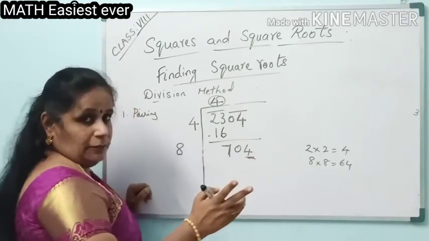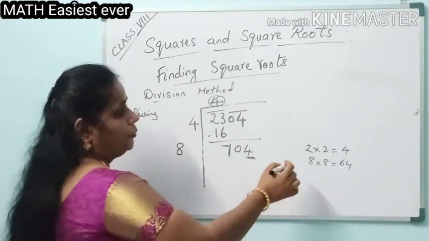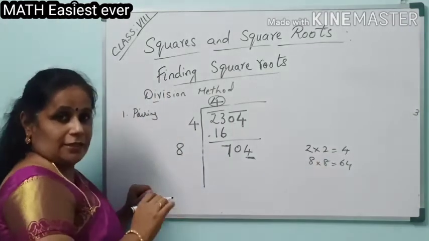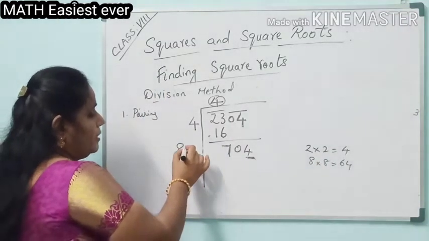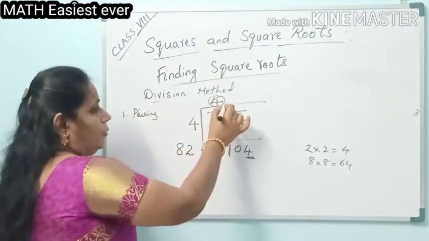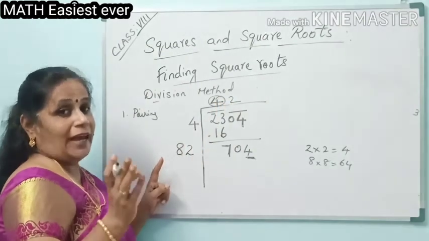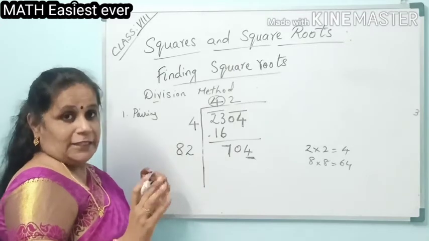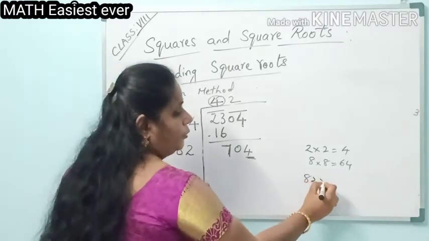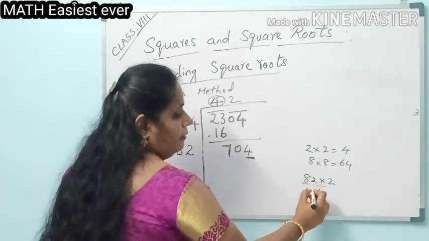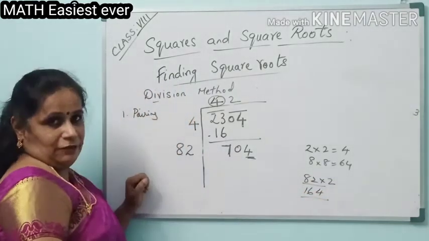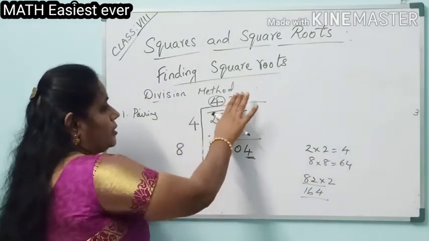So there are two possibilities to get the last digit as 4: 2 twos are 4 or 8 eights are 64. So if I write 2 here and the quotient also 2 here, now 82 into 2 I have to multiply and check whether it's getting 704. 82 into 2 will never become 704. It is 164. So 82 into 2 is not possible.